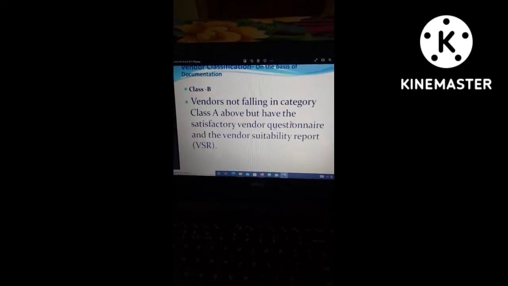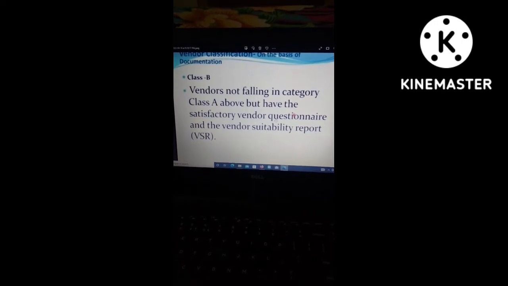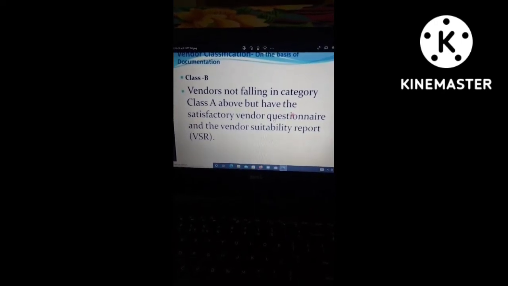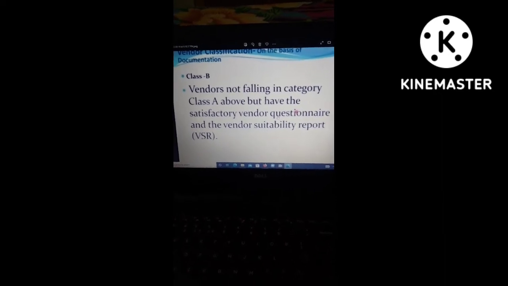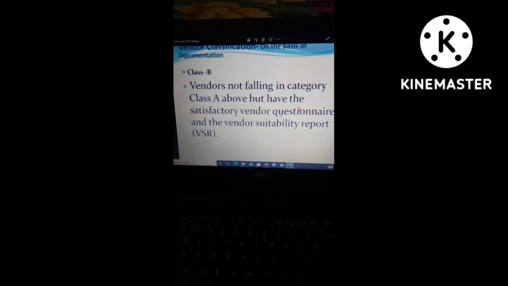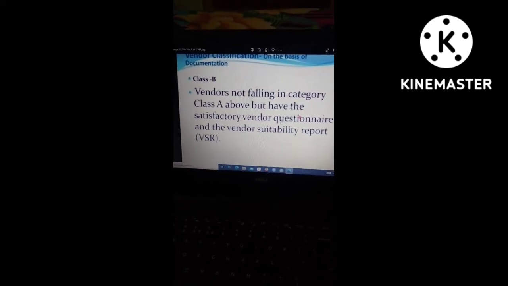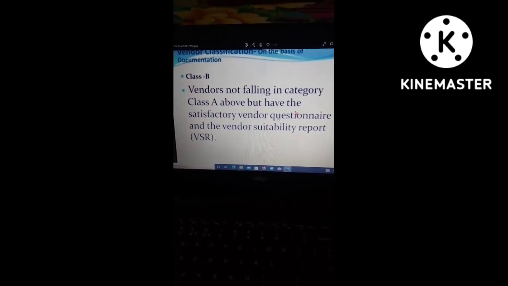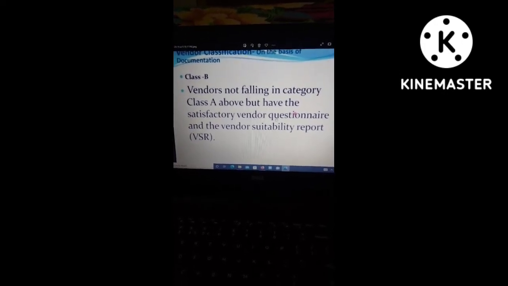Then go for the class B vendor. Class B vendor means a vendor not falling in the class A category above, but having satisfactory vendor questionnaires and vendor suitability report. That means class B doesn't have the US FDA or regulatory body inspections, but they can have satisfactory vendor questionnaires and also the vendor suitability report.